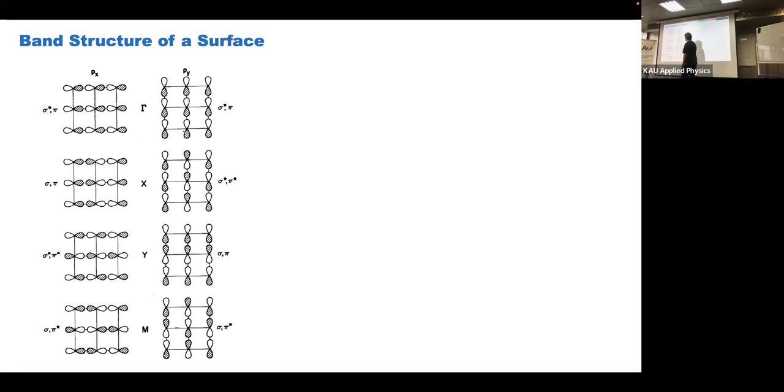Yeah. We have this combination for gamma, for x, for m, for y. Now y is the same as x, but we should change them in some way. In the case when we include these p orbitals, x on this side and x on this side will not be equal. That's why we should change the name.